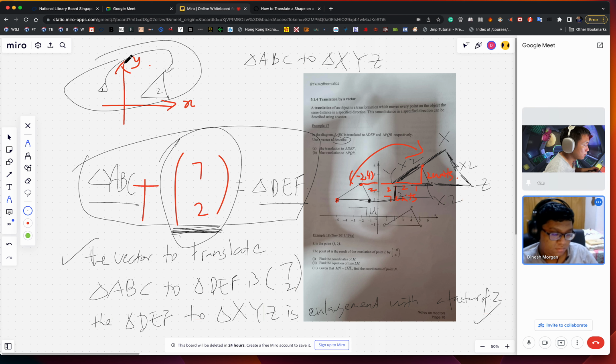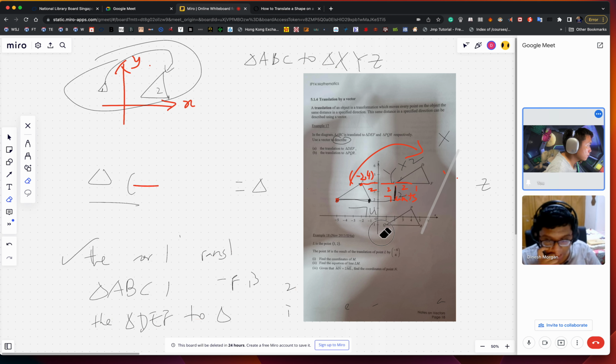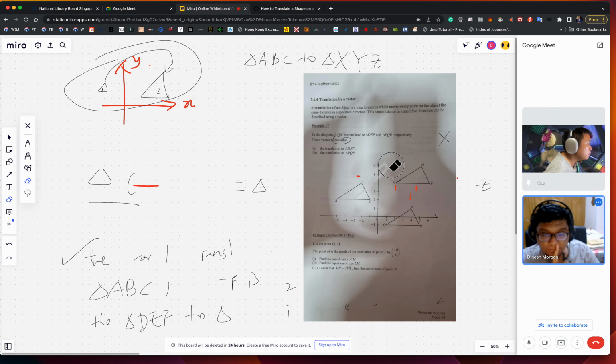Okay. All right. So with this understanding, maybe we should attempt example 18. When I say we, maybe you should attempt first. So I will pick it up when you have problems.